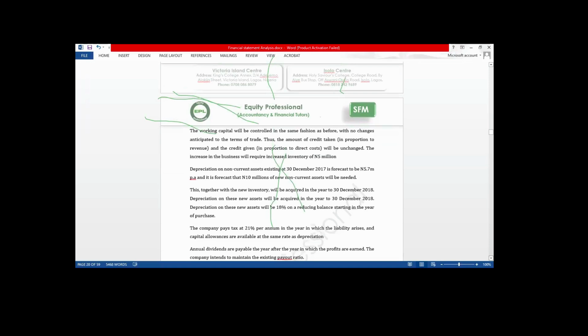Depreciation on this new asset will be 18% on reducing balance basis, starting in the year of purchase. The company pays tax at 21% per annum in the year in which the liability arises. That means tax is paid on actual year basis. The tax for year one will be paid in year one.